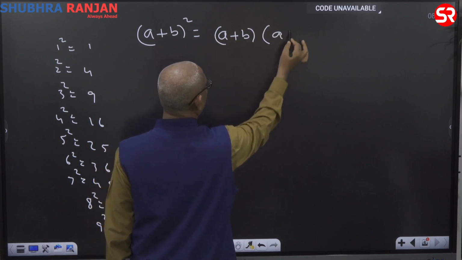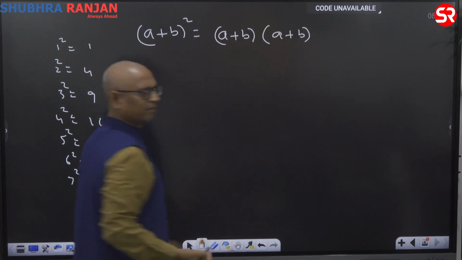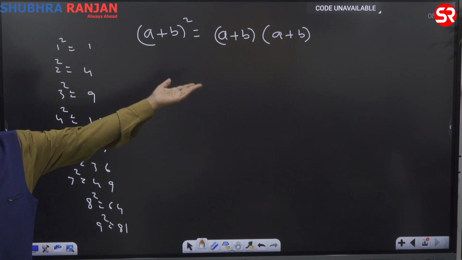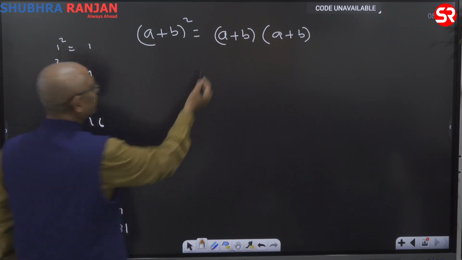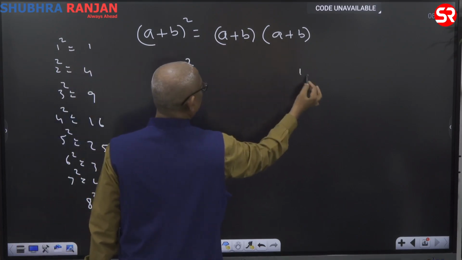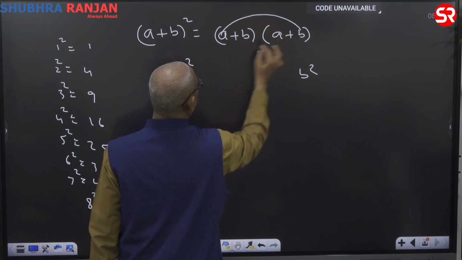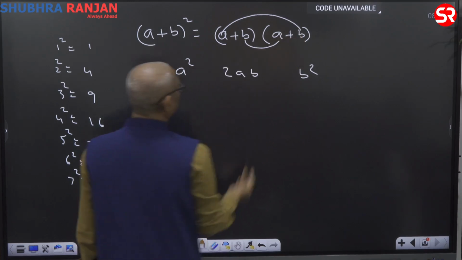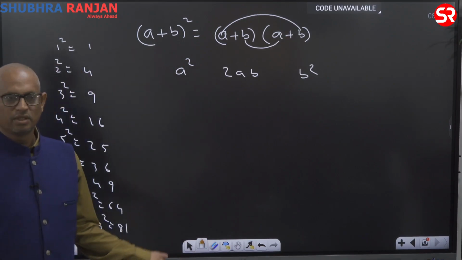How? Multiplying with a plus b, just like 2 square is 2 into 2, so (a plus b) whole square is (a plus b) into (a plus b). Now what is the condition? This a and this a make a square. This b and this b make b square. And this ab and this ba make 2ab. This is what you have to do in everything, that's all.